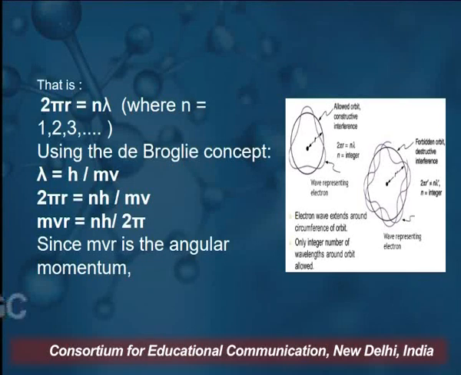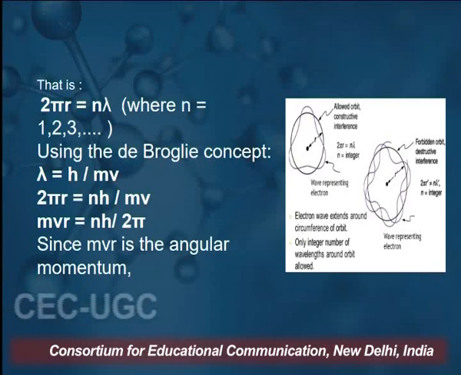Using the de Broglie concept, lambda is equal to h upon mv. So putting the values, 2 pi r is equal to n h upon mv. From here, it is concluded that mvr is equal to nh upon 2 pi.